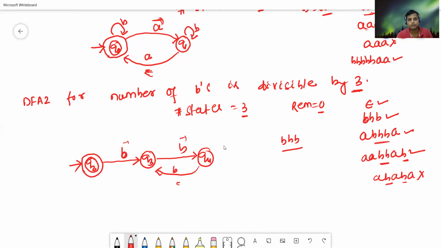So the third B will directly go to the final state.